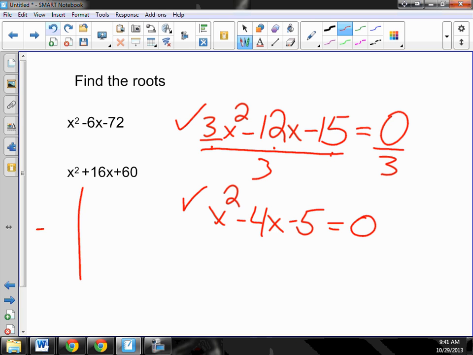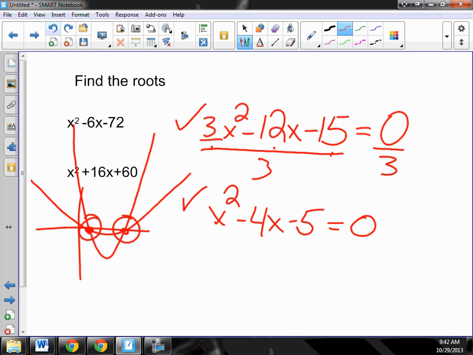So my original graph looks something, I don't know where it hits. We'll figure it out in a second. But wherever it is, when you divide by 3, you make it 3 times wider. So it's going to look like this. But notice, the roots didn't change. So I changed the equation, which changes the graph. But because the equation equaled 0, and 0 divided by 3 is still 0, the entire graph changed except for the roots.